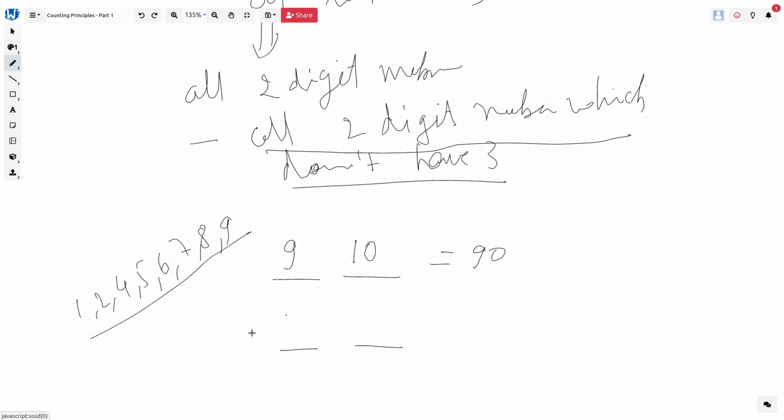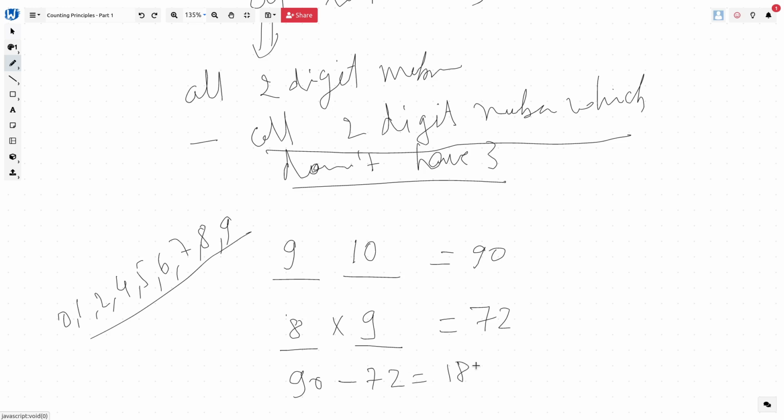The second digit can be counted in 9 ways because you can always count 0 there but not 3. If you multiply these 2, you get 72, and if you subtract, you get the same result.